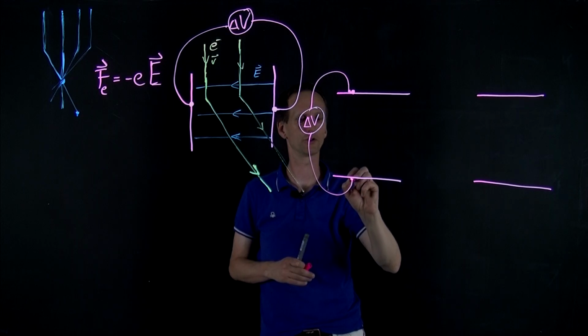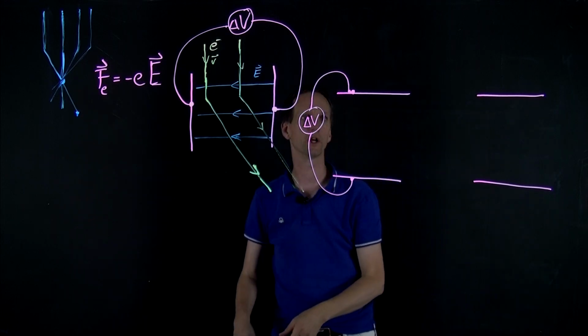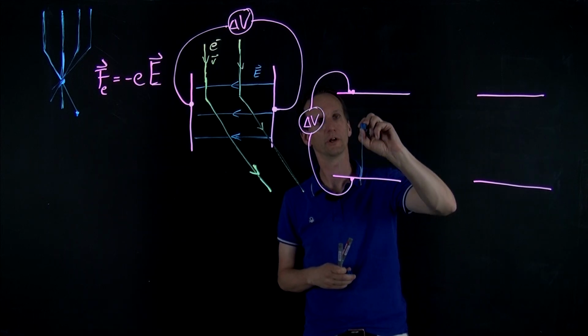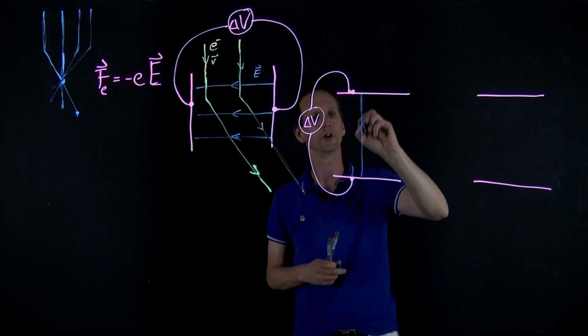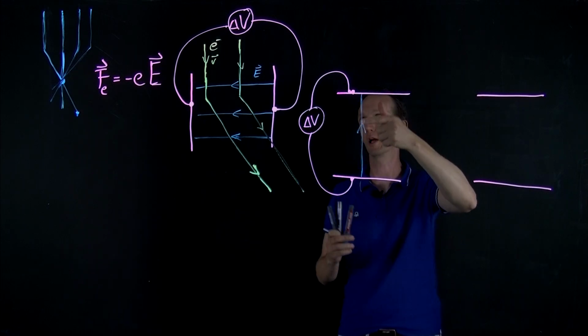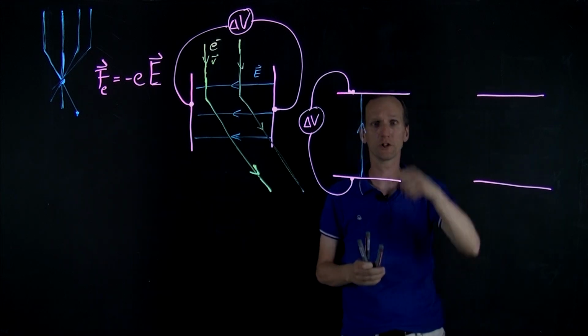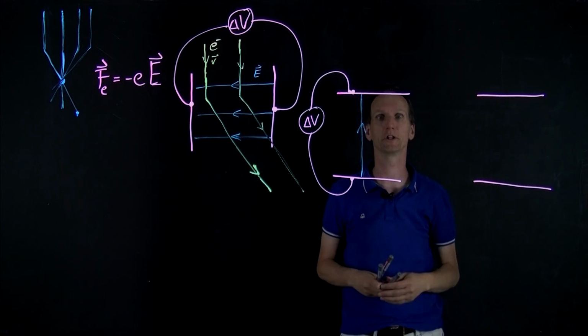And in between these two plates we create an electric field. So say in this case the electric field is in this direction. So an electron in between these two plates, just like here, would feel a force in the downward direction. So this means that if we have an electron beam coming in here, it will be accelerated.